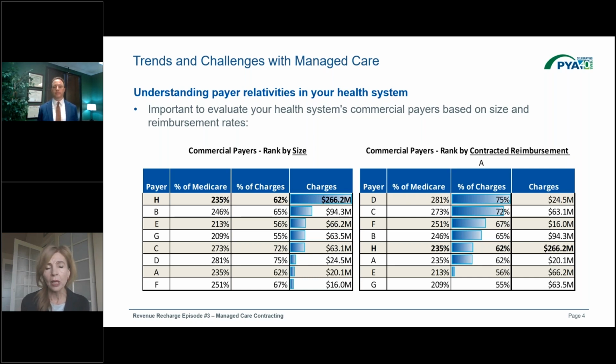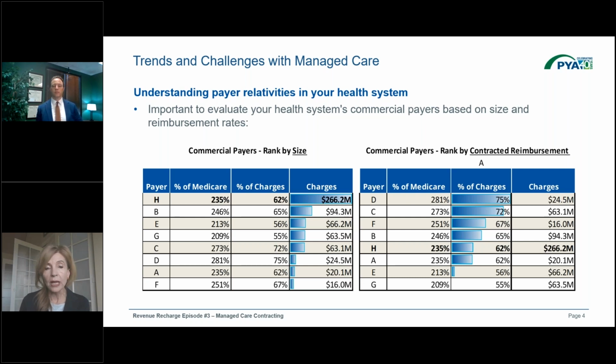So this is a sample of what we've done for one health system where we look at all the top payers and we analyze at a specific service line level, like inpatient services, outpatient, professional, and then we roll it up to the health system as a whole to really develop information on what percent of charges this payer is actually contracted for with the health system and how that relates to a percent of Medicare. So we're really creating a context for payer-to-payer comparison as well as payer to Medicare comparison.